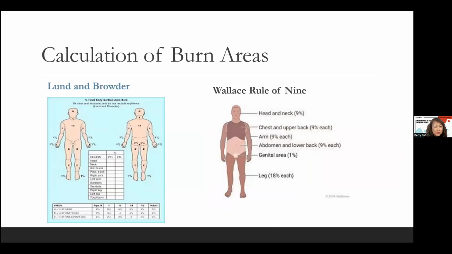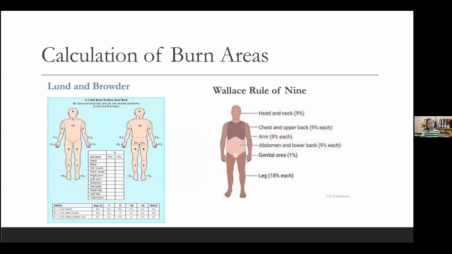In managing burns, usually we are very careful about the burn surface area, because it determines the fluid loss and all that. The measurement is, I think many of you may have heard about, Wallace's rule of nines.